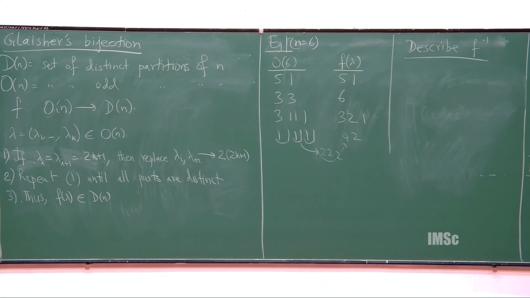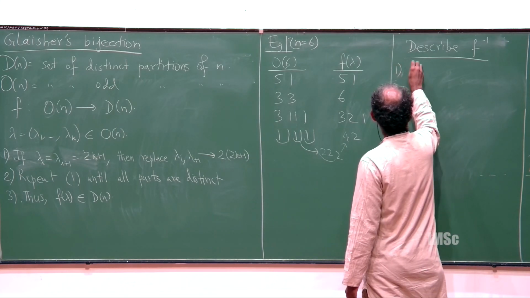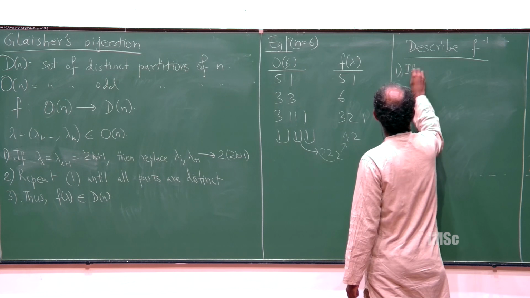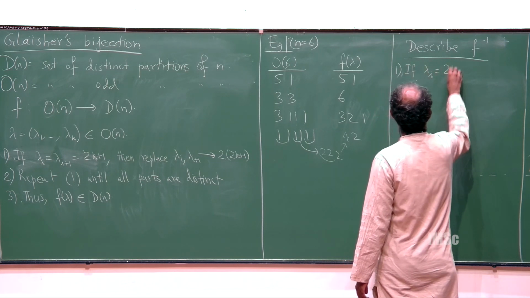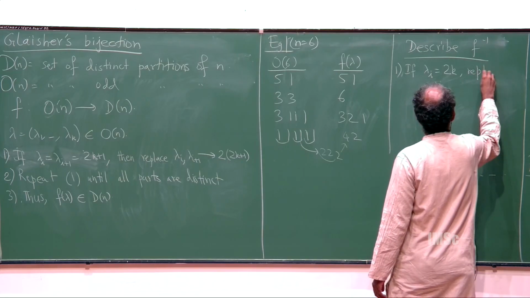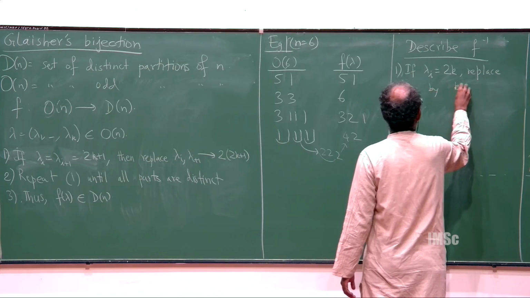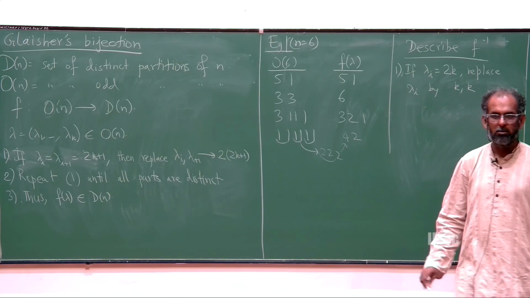Right, exactly. So every time you see an even part, you replace it by half that number, 2 times. So if lambda i equals 2k, replace lambda i by k, k, 2 parts.